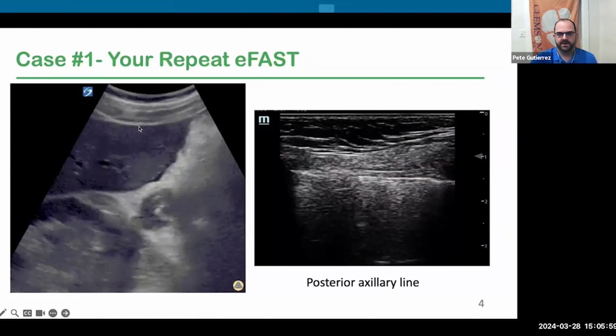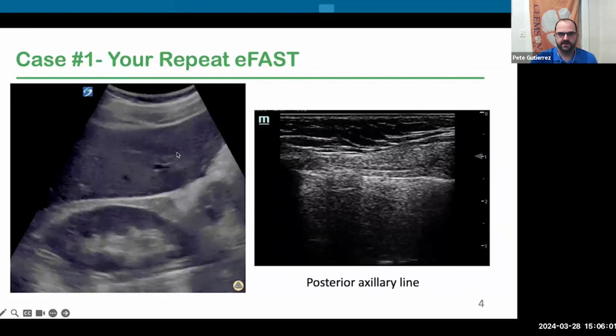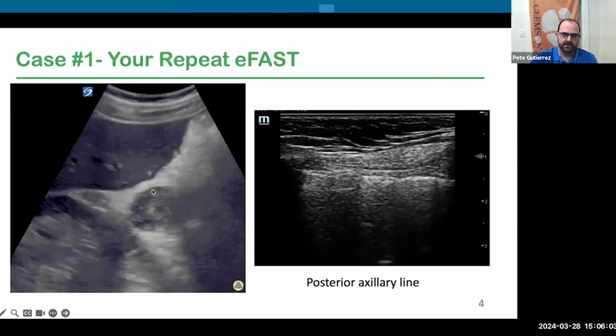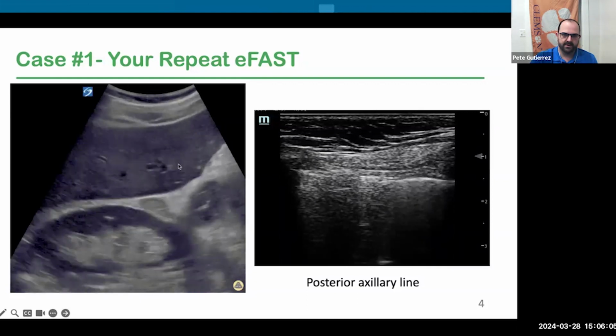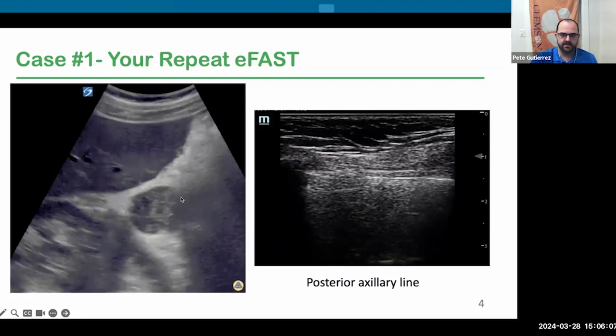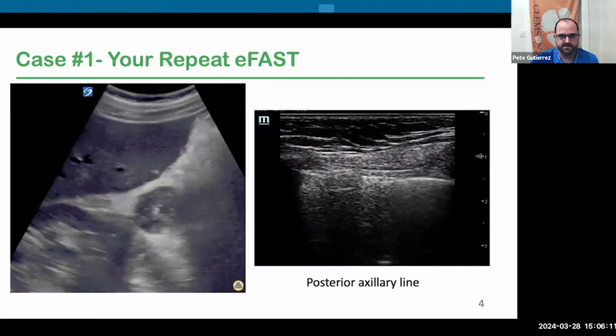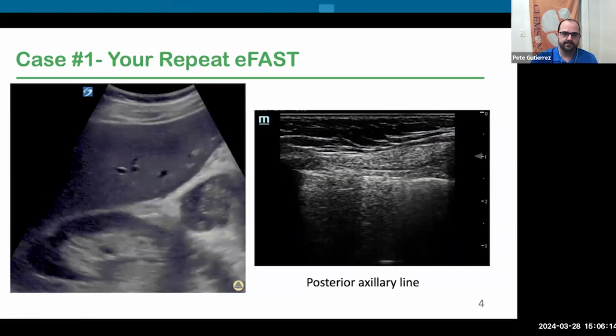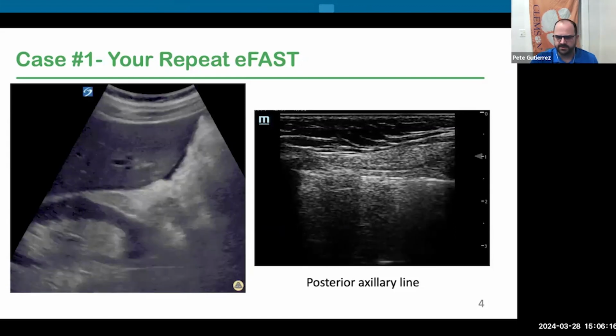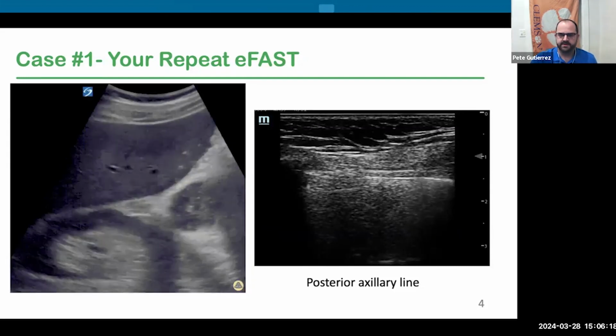So in this image over here is the right upper quadrant view, and you can see that there's some fluid right outside of where the tip of the liver is over here. Not an alarming amount of fluid, plus we already knew that this patient had a grade 2 splenic lac, so likely not the etiology of this new instability.